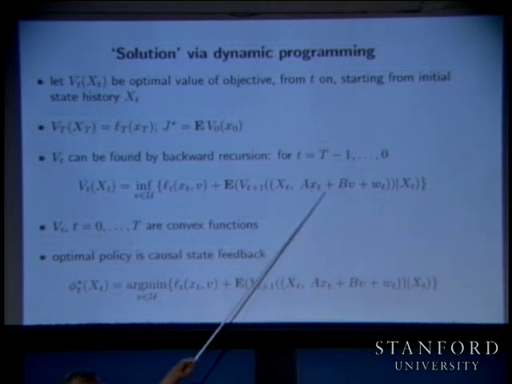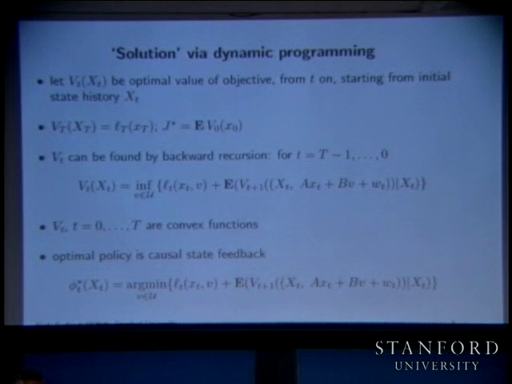It was simply A X_t plus B v. And you simply had to worry about balancing the current bill versus the bill you run up from landing in a certain state at the next step. Here it's more complicated because even when you commit to an action, you don't know where you're going to land next step. And that's why you have this conditional expectation here.